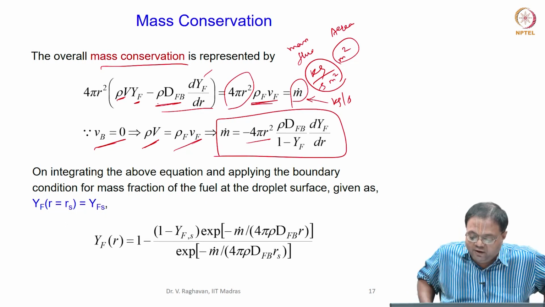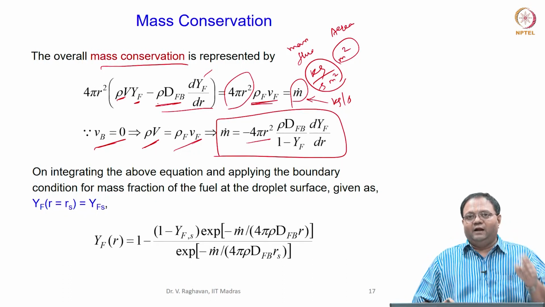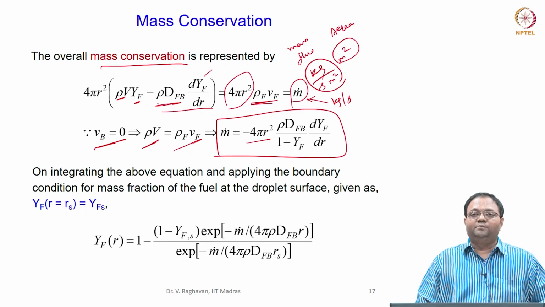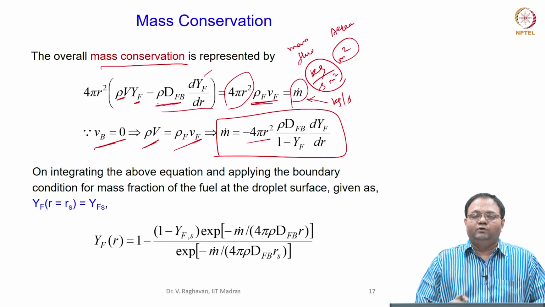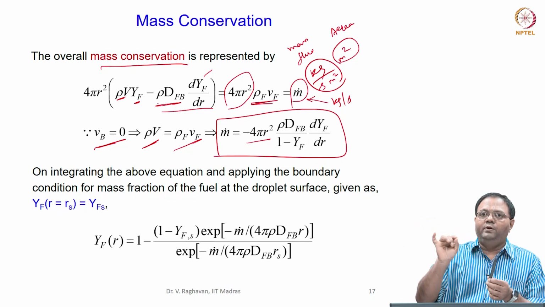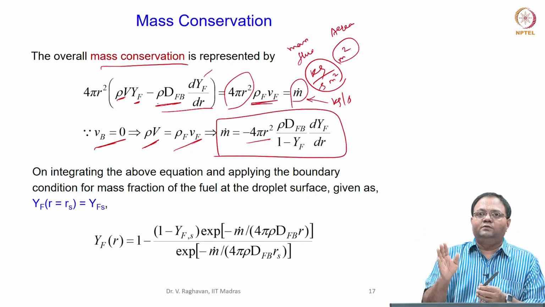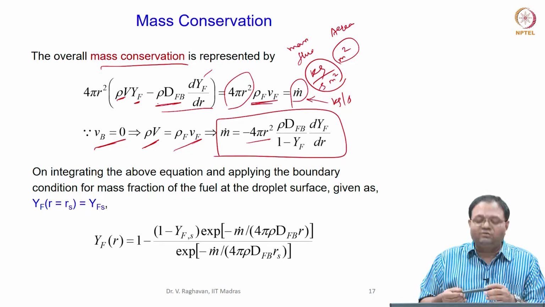Now, you can separate the variables, and please understand what I told you: even though the problem is transient, the rate at which the evaporation takes place is constant. So, that is why the problem is quasi-steady. Even if you take a car moving from point A to point B with a uniform velocity, even though it is moving spatially from one location to another, the acceleration is 0.